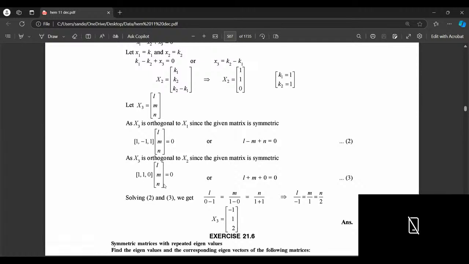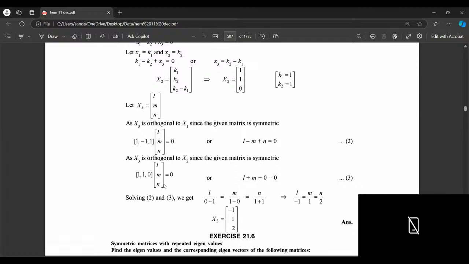First, we have chosen x1 equal to k1, x2 equal to k2, and find x3 in terms of k1, k2. Then we have chosen either k1 equal to k2, or k1 is 0, k2 is 1, or k2 is 0, k1 is 1. You can take any one of these three. Then find that second eigenvector.